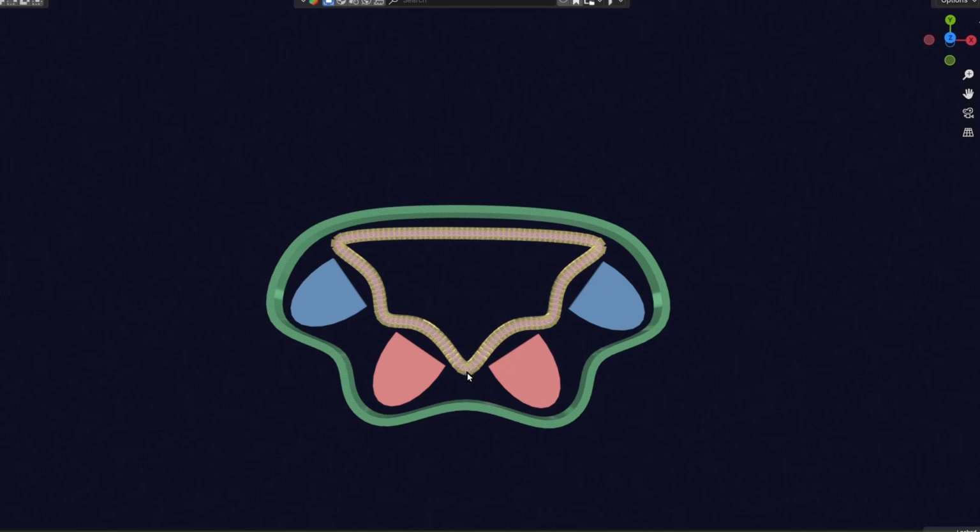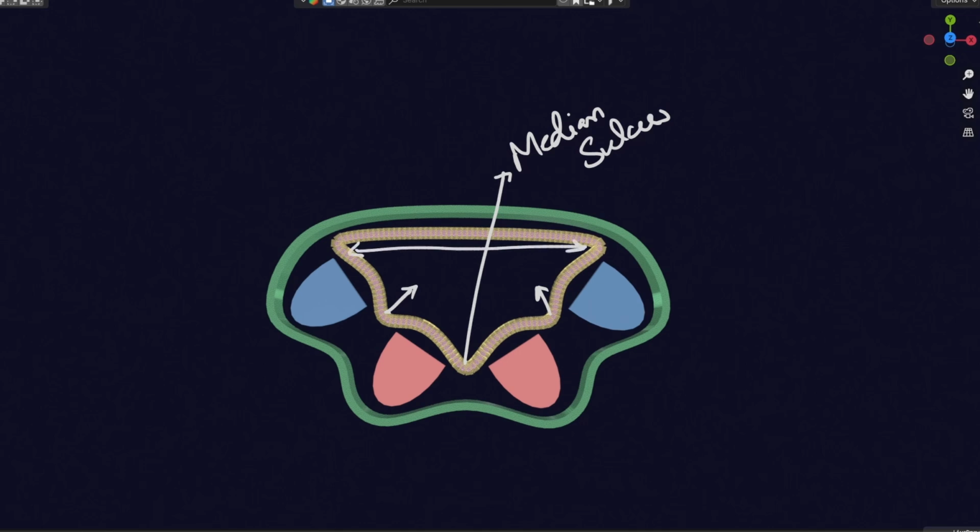And by the way, in the midline we have this, not medial, it's called the median sulcus, and both of these are sulcus limitans. And this is now the situation of the roof plate.